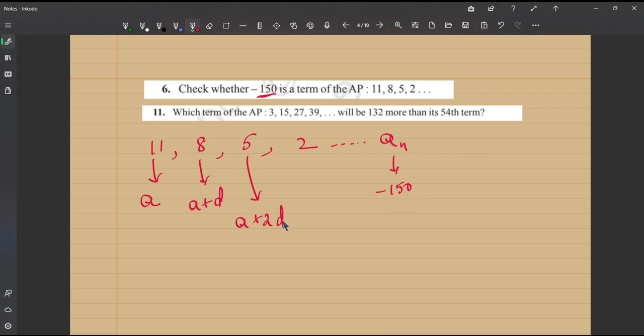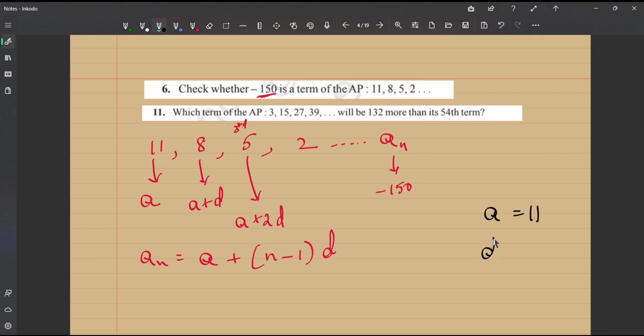So, is there any AN? And we know that AN is represented by A plus N minus 1 into D, just like the third term is represented by A plus 2D. So, the nth term is A plus N minus 1 D, where A is 11, the first term.